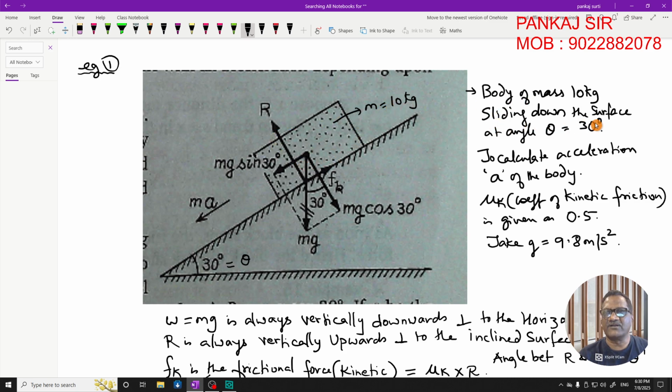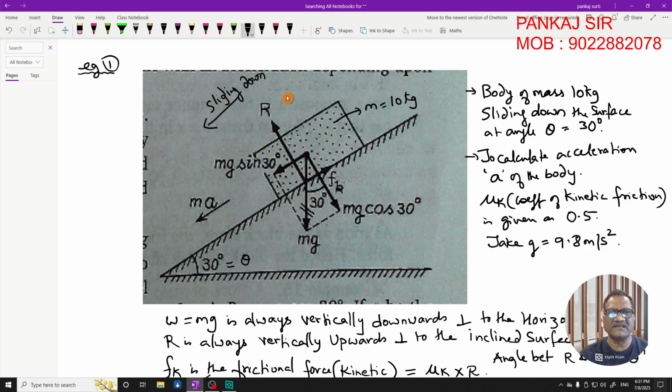It is sliding down the surface, moving in the downward direction, down the plane. It is sliding down a surface at an angle theta, and theta is 30 degrees. Now what is the question asked? You have to calculate the acceleration a of this body.